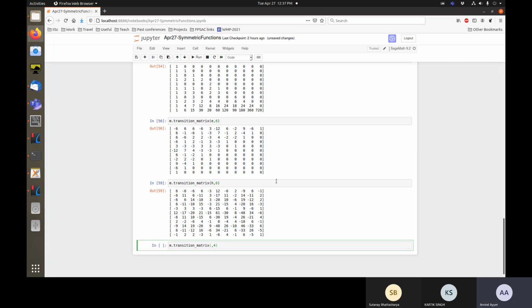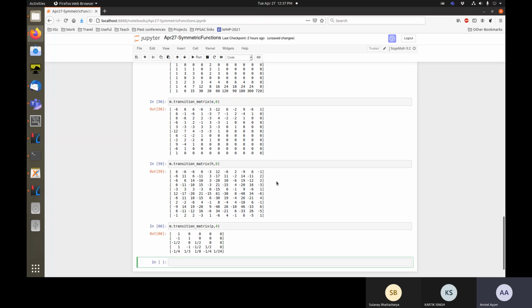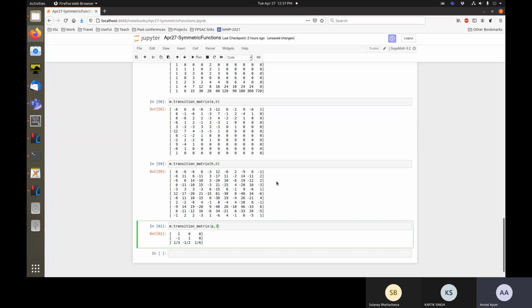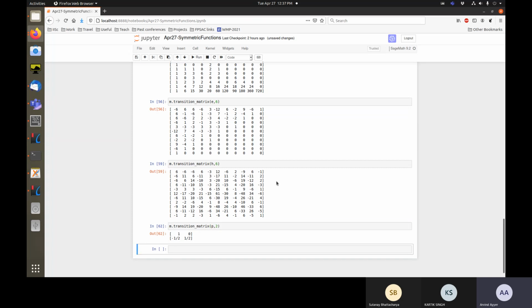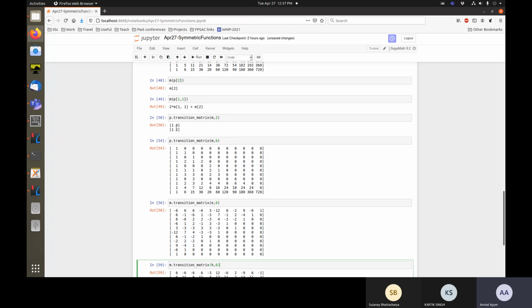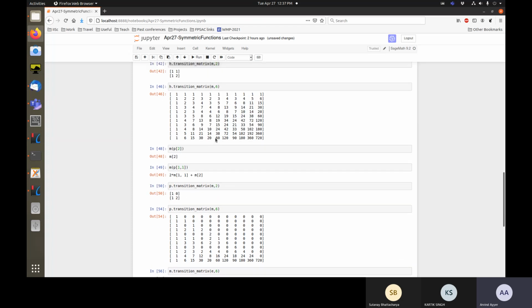But now let me do it with p. And now you see you'll start to get fractions. You'll start to get rationals. Even for 3 you'll get it. And even for 2 you'll get a half because of this determinant being 2.